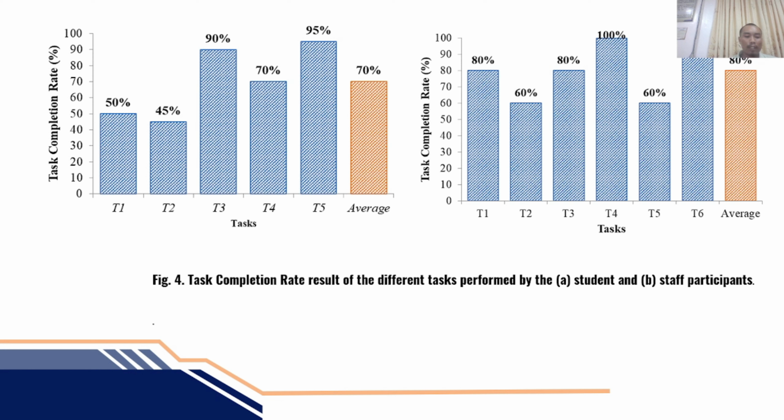The average completion rate for the students is 70%, while the average completion rate for staff is 25.4, while the average completion time for students is 31.45, while the average completion time for staff is 25.04.